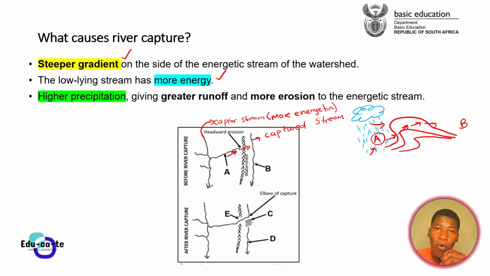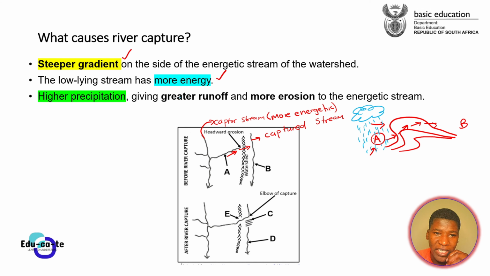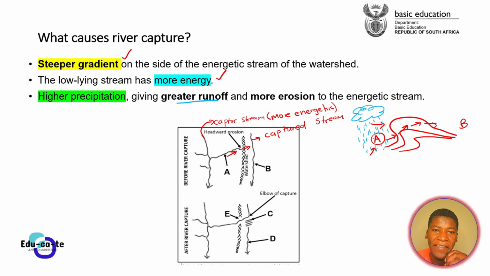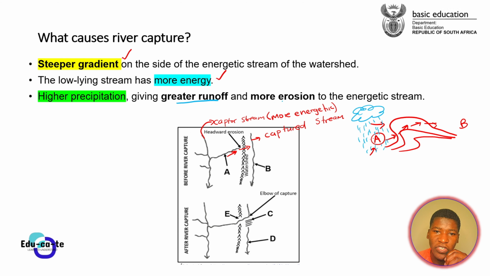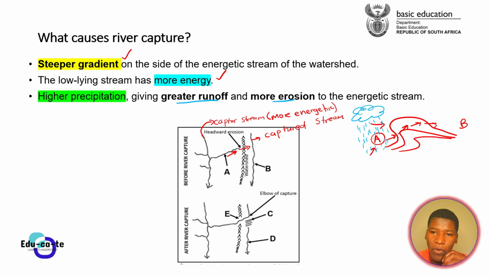Remember that the amount of precipitation affects the runoff. So if there is a higher precipitation, there will be a greater surface runoff at the more energetic stream. And the more runoff there is, the more erosion, because now more water will be in the stream, such that the river has got more erosive power to erode through the watershed.